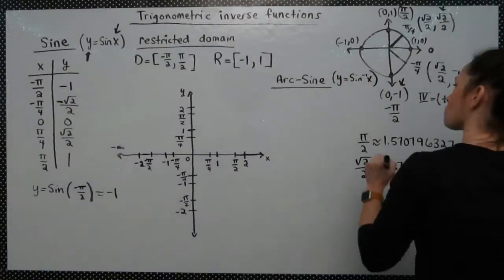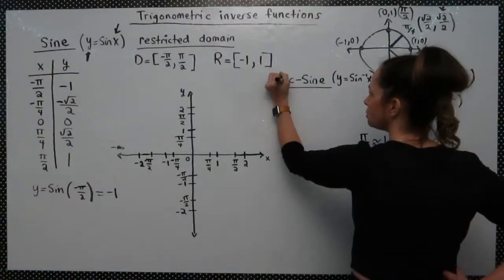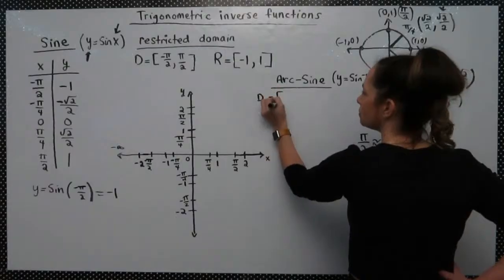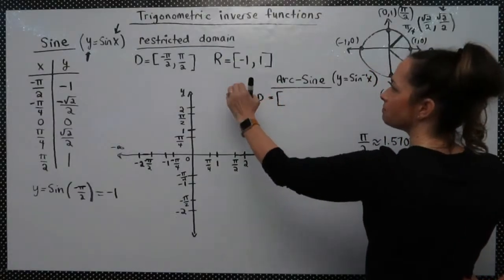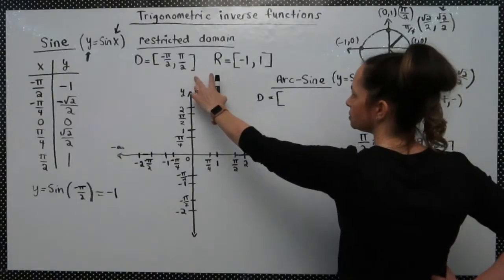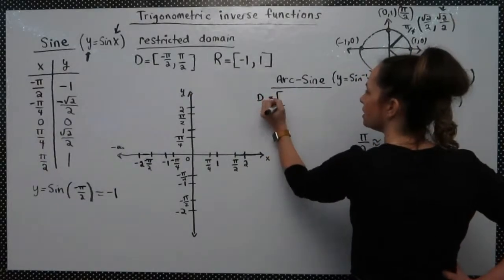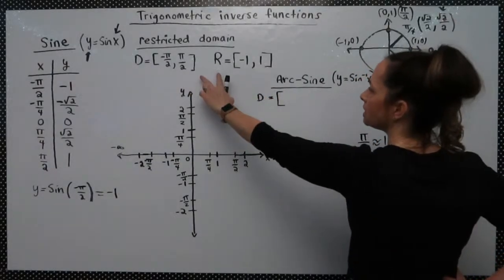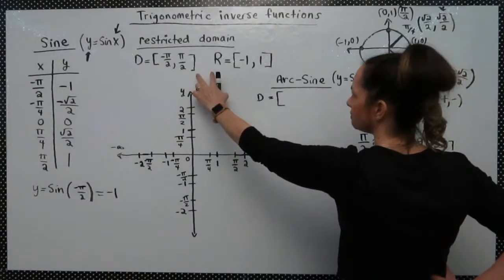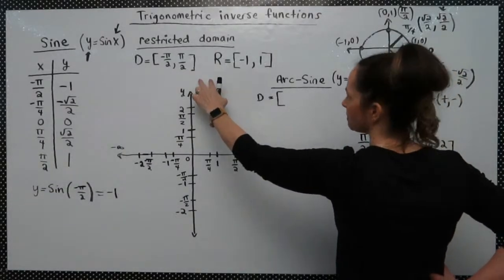Okay. First thing I want to do is state the domain and range of this function. So I'm going to find the domain and range by looking at the domain and range of my original function that I'm going to invert, and I'm going to swap them out.